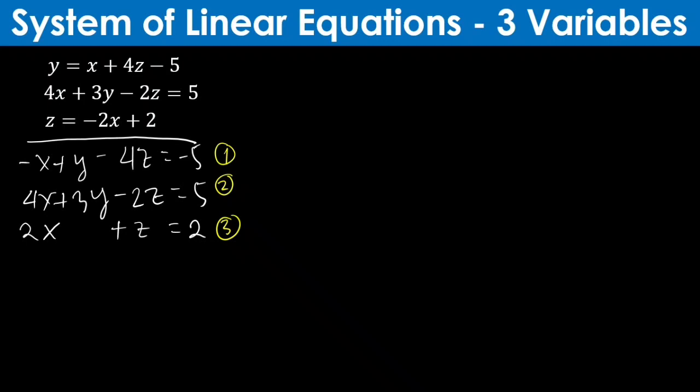Now, our equation number 3 has only two variables, so we need to use equations 1 and 2 to remove variable y so that it will be reduced to two variables, x and z.